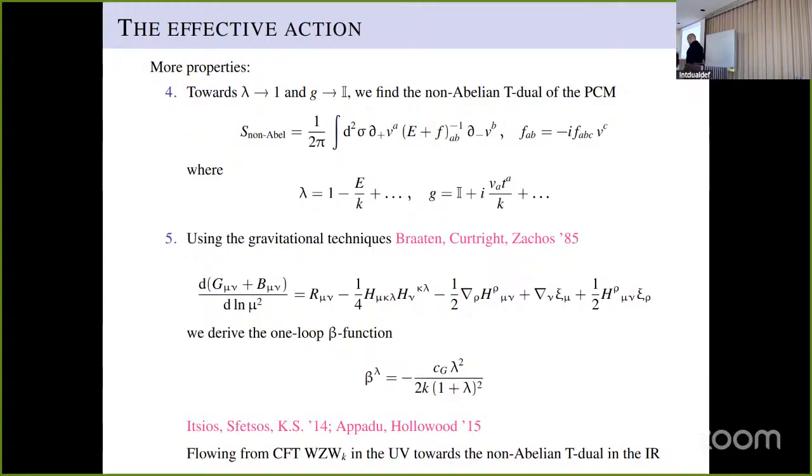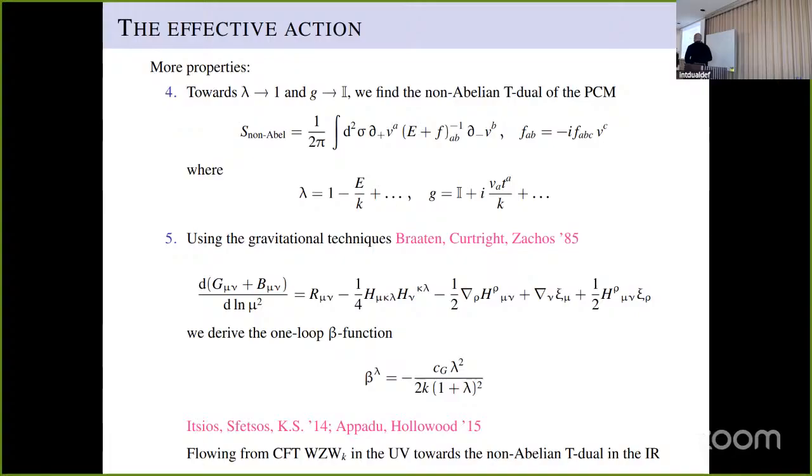This beta function, however, as I told you, is one loop, and the corresponding alpha prime that we have is 1 over k. So alpha prime is very, very small, so we can trust this order. So k must be much larger than 1, and we derive a one-loop beta function, again one loop in the 1 over k expansion.